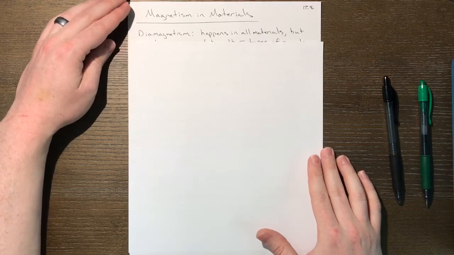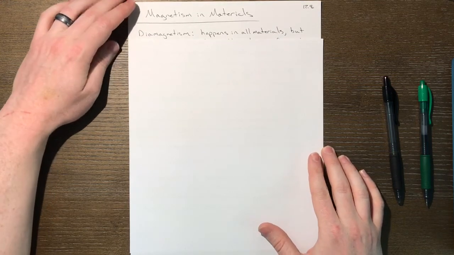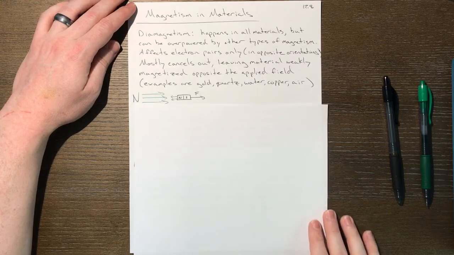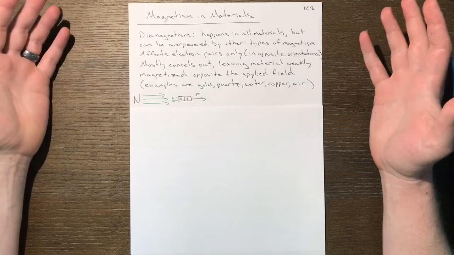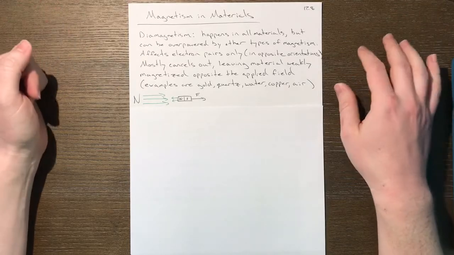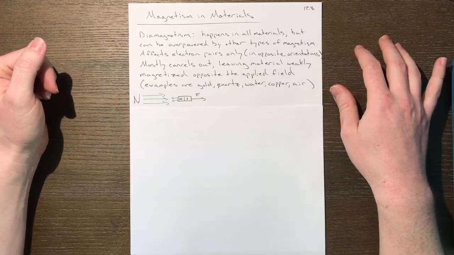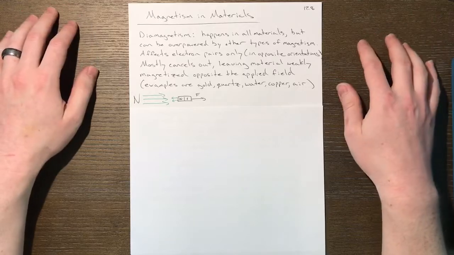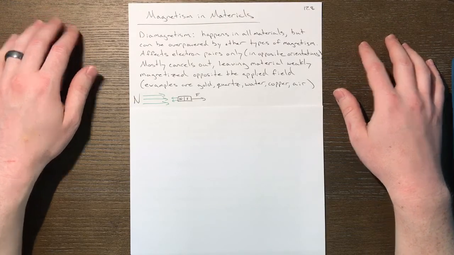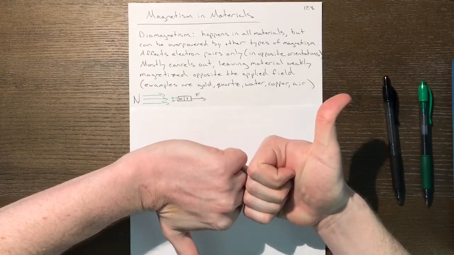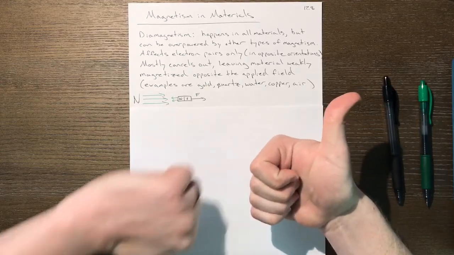So the first type of magnetism I want to talk about is diamagnetism. Now, diamagnetism happens in everything, but it can be overpowered by other types of magnetism in certain types of materials. So diamagnetism only affects pairs of electrons. It doesn't affect single electrons.